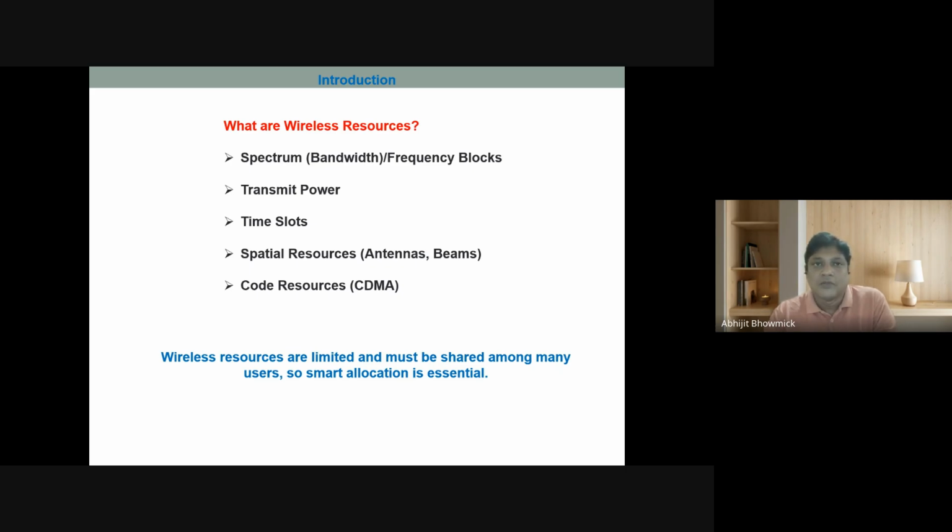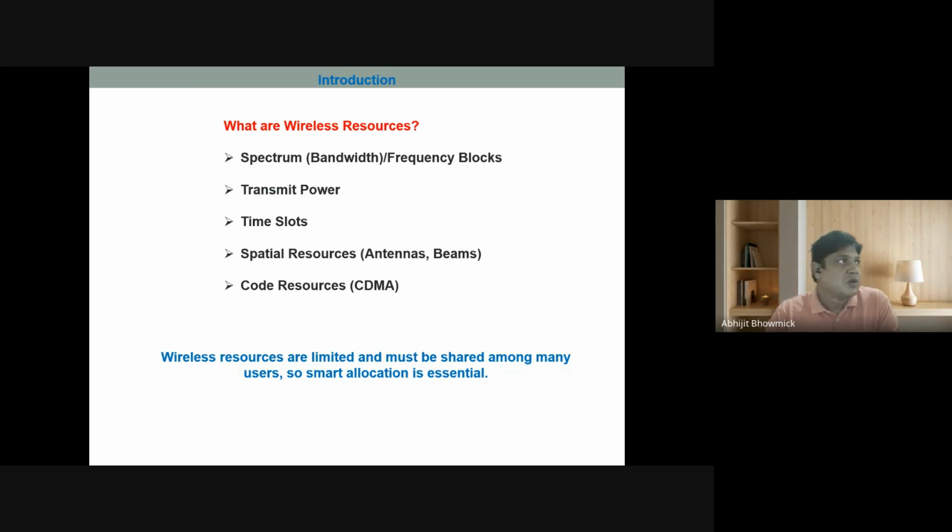Okay, first come to the point: spectrum and frequency blocks. Basically, if you want to transmit any data, you have to transmit the information through a medium. Here it is a spectrum band. That depends on different technology, generations and requirements.